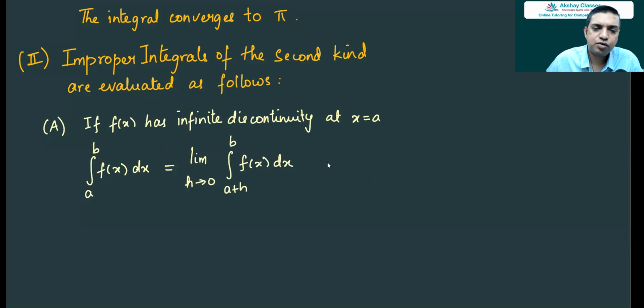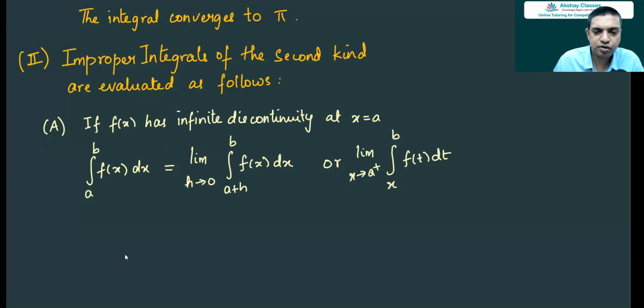Or we can also write this as the integral from x to b of f of t dt, where limit x tends to a plus. Both are one and the same, h tending to 0 or x tending to a plus.